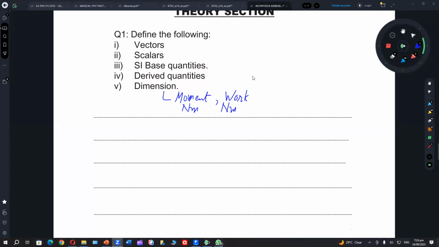This is a concept to remember. Dimension means the quantities which are unit-wise same, but concept-wise different. Moment and work are not the same, but their unit is the same.